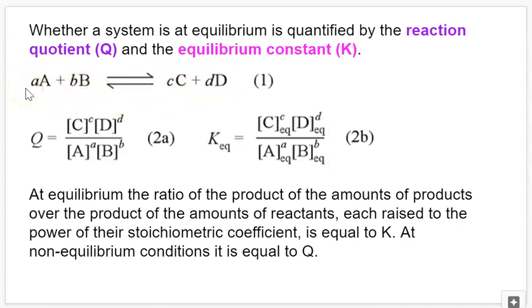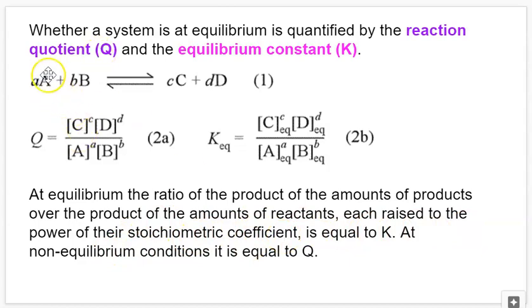The way we would determine the reaction quotient or the equilibrium constant is with the following expressions, where the Q or K is equal to a ratio of the product of the amount of products, so product meaning multiplication, over the product of the amount of reactants, each raised to the power of their stoichiometric coefficients.